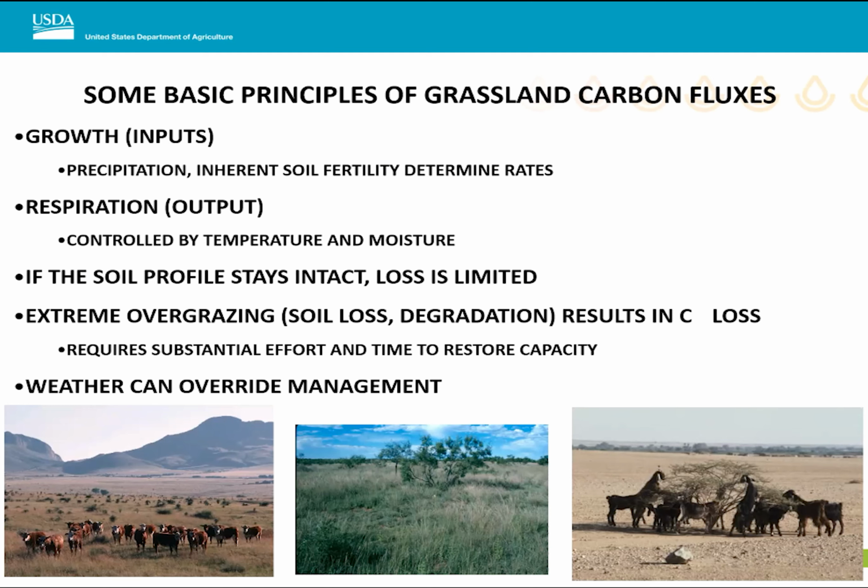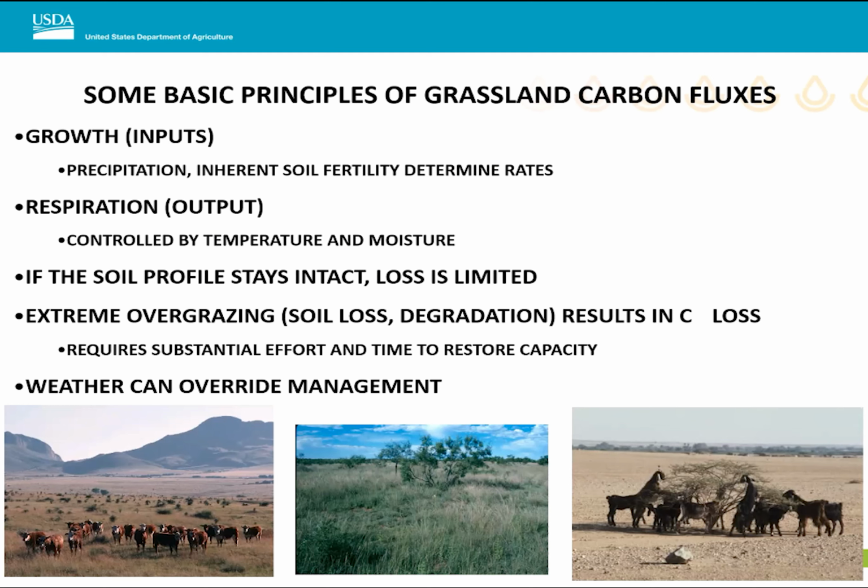So in general, if we graze a piece of rangeland, we really don't have that much of an effect on the soil carbon as long as those rates of grazing are within what is economically viable for managing land.